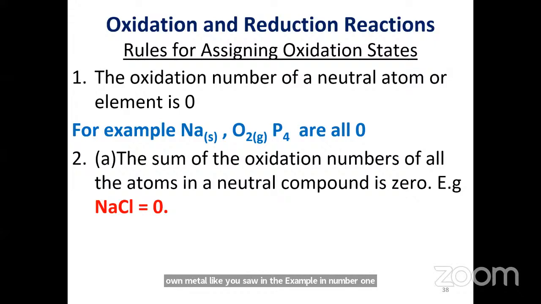The sodium here has +1 oxidation state because it has lost 1 electron. The chloride ion has gained an electron. So in sodium chloride, you have +1 on sodium, -1 on chlorine, +1 -1, 0. The sum of the oxidation numbers of all the atoms in a neutral compound is 0.